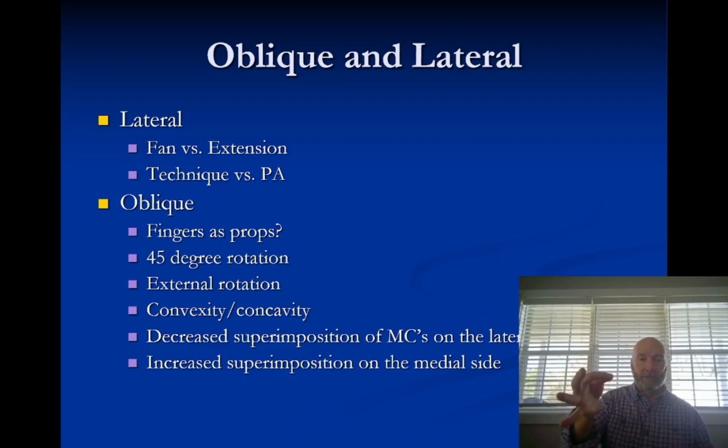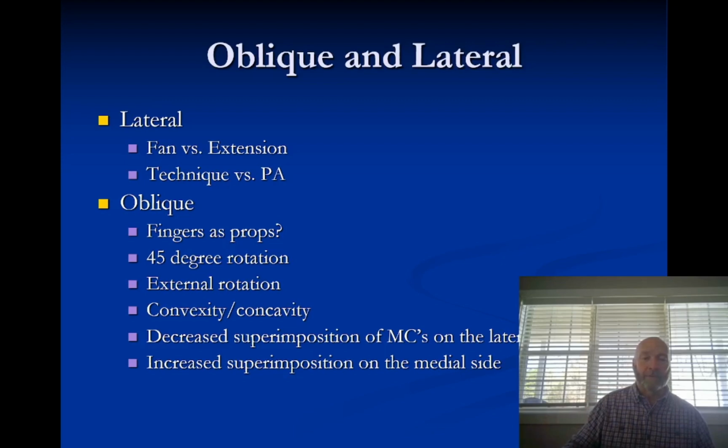Then what you can do is just lower the fingers, rotate the fingers back towards the palm of the hand, back towards the image receptor. Keep the fingers parallel to the image receptor, and you can straighten the fingers out until the index finger and the thumb, second and first digit, are parallel to the image receptor as well.